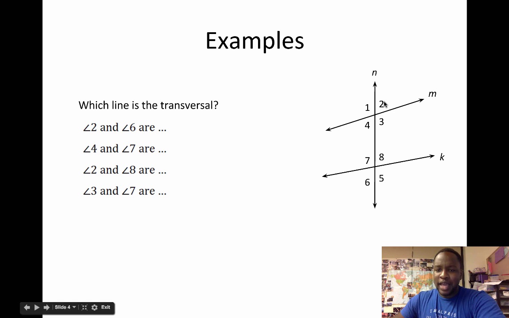This one is on the exterior, and this one's on the interior. When we have something like that, they would be corresponding because they're above their respective lines, or one's in the interior and one's in the exterior. And then lastly, 3 and 7. What would that be? That would be alternate interior angles.